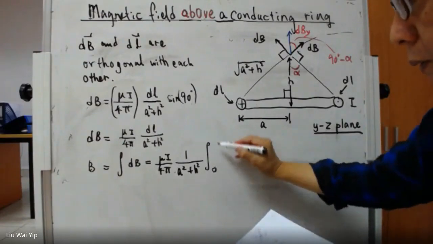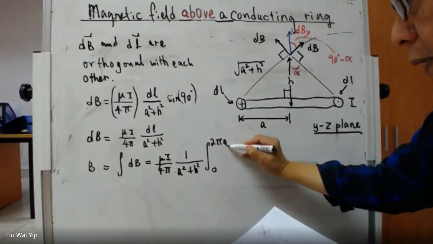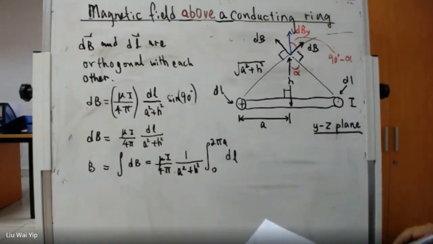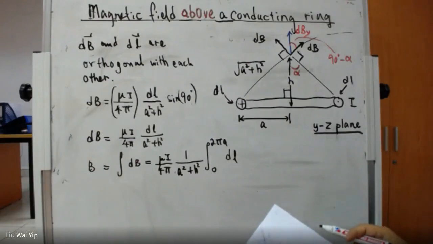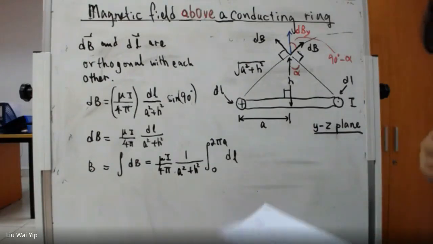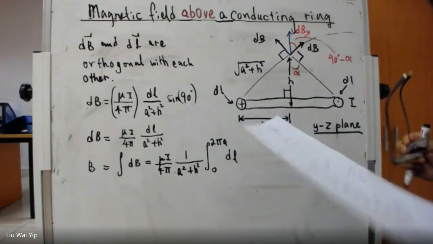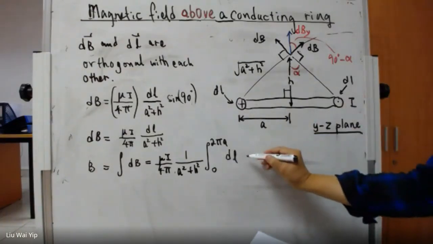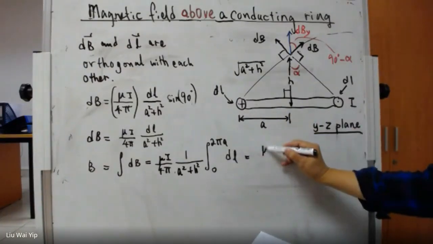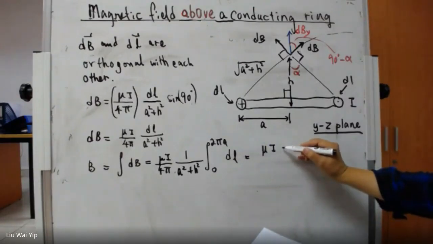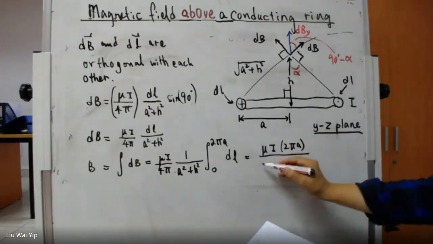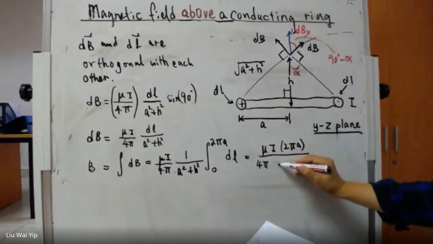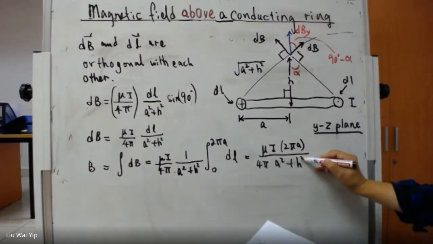So it's the integral from 0 to 2 pi a of dL. Eventually this will be equal to mu I, 2 pi a, divided by 4 pi, a squared plus x squared.